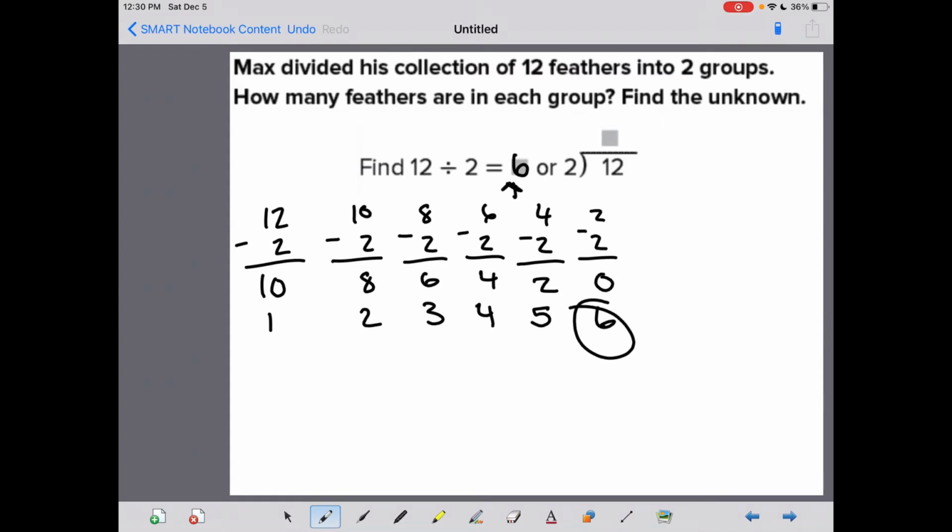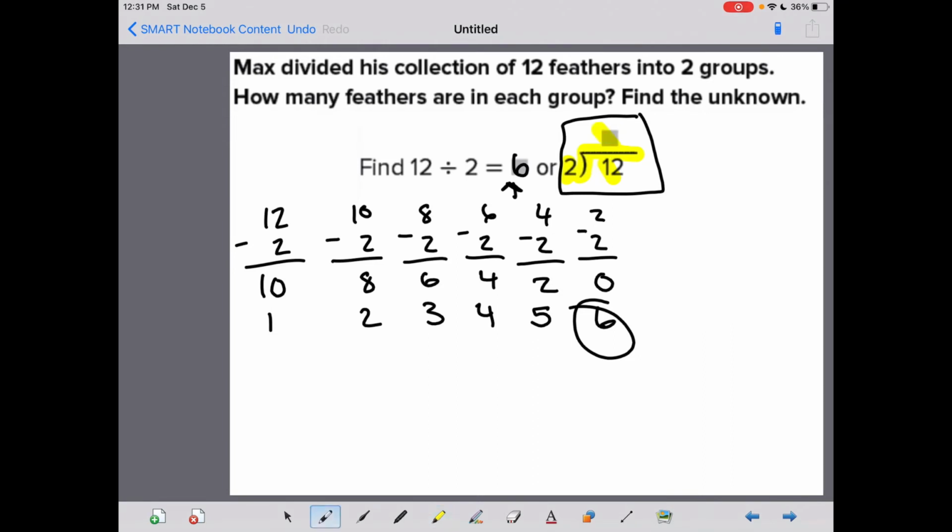What do you know? The other thing we're going to talk about today is how we can write a division problem in a different way. So this may look kind of funny, but all it's saying is you have your total, your biggest number. 12 divided by 2 equals what?